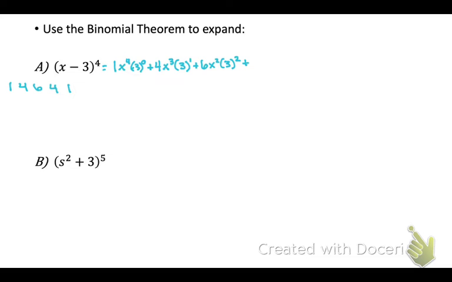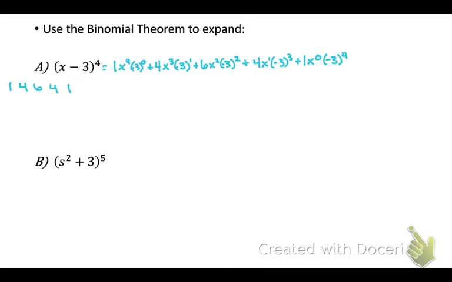Put a negative in there, sorry. Plus 4x to the first, negative 3 to the third, plus 1x to the 0, that can just be negative 3 to the fourth.